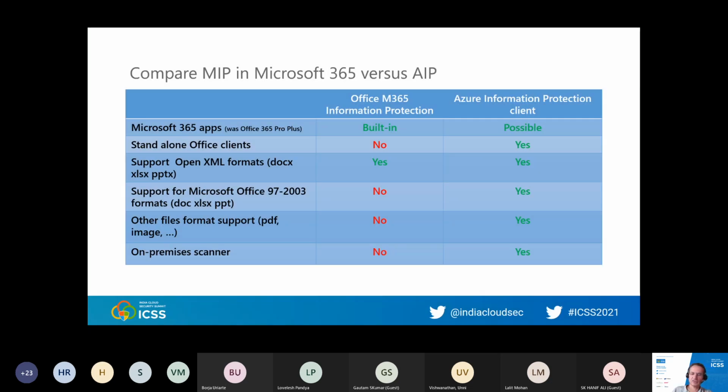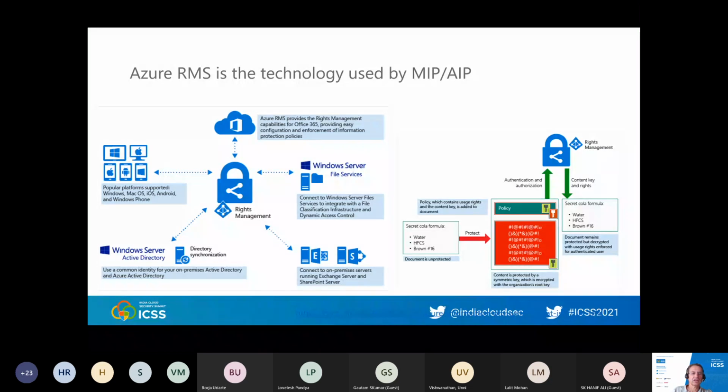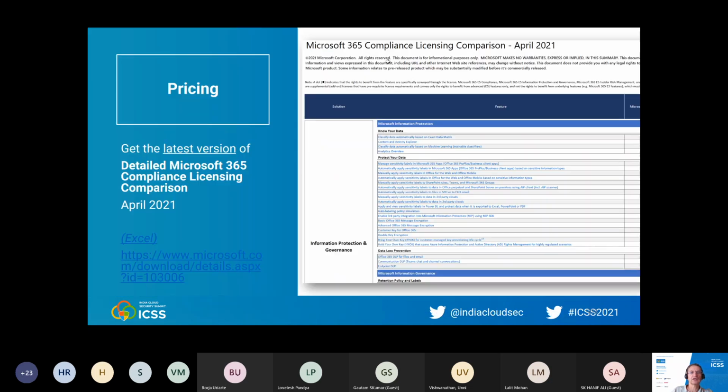So it's not one or the other. You should mostly activate both. A comparison between MIP versus AIP. We have already spoken about that. Be aware that everything relies on Azure RMS, which is the rights management system, and it should be activated at the beginning for everything to work correctly.